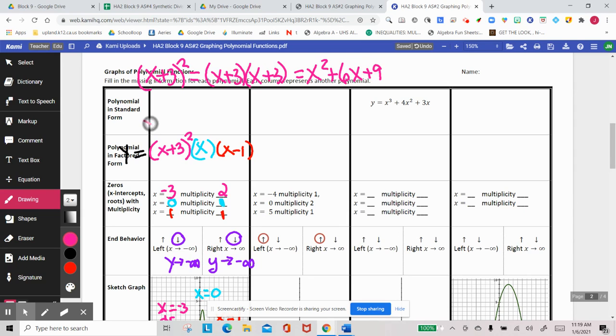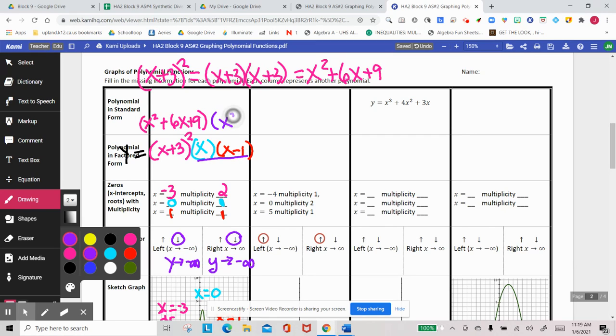So I have x squared plus 6x plus 9. And then I am going to multiply these two together. And if I were to distribute the x, I get x squared minus x.